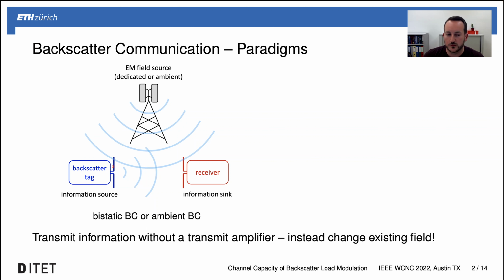This way, information is modulated into the electromagnetic field, which is picked up by the receiver, which can decode the information. This way, the backscatter tag can transmit information without a transmit amplifier, so just in a passive fashion, which is the charm of backscatter communication.